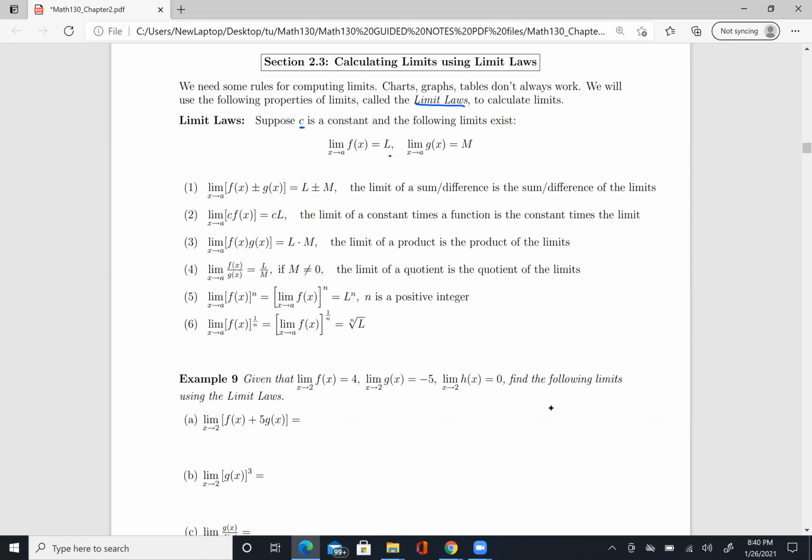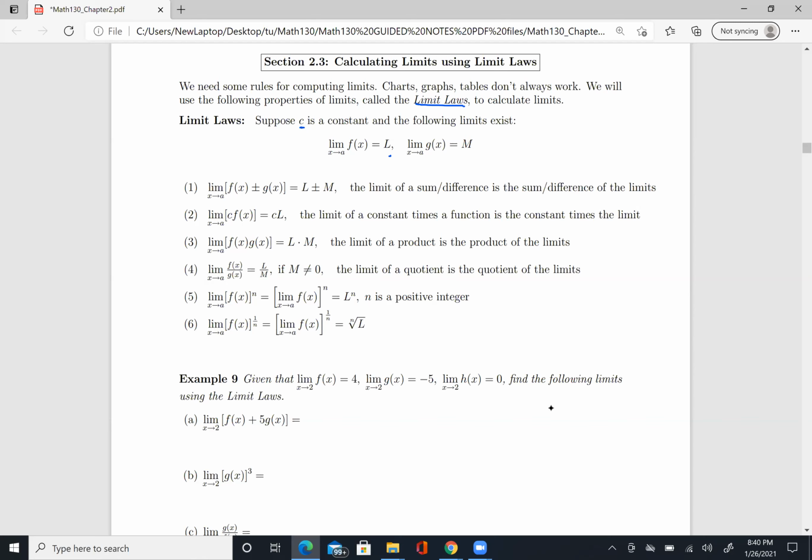Okay, so the first one: the limit of f(x) plus or minus g(x) when x goes to a is equal to L plus or minus m. This is called the limit of a sum or difference, which is the sum or difference of the limits.